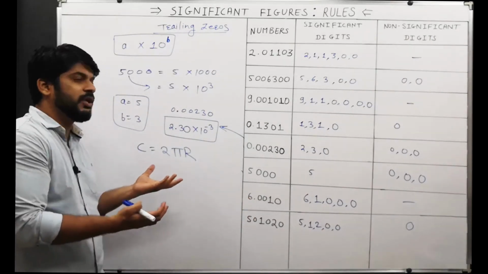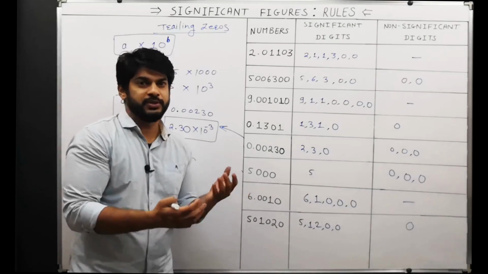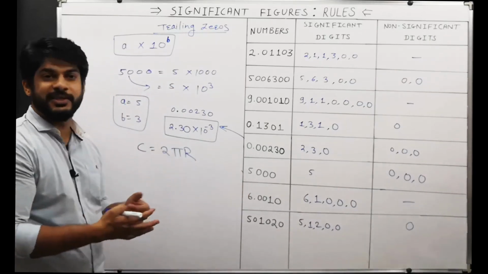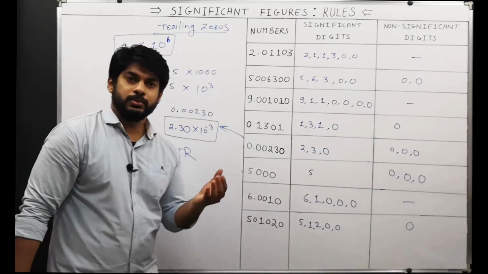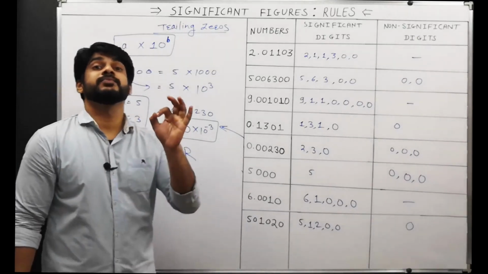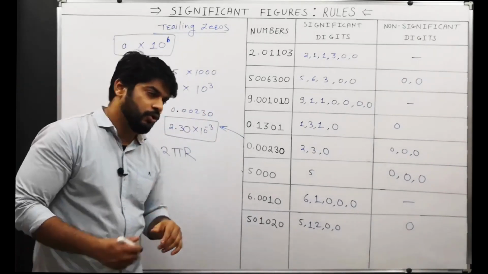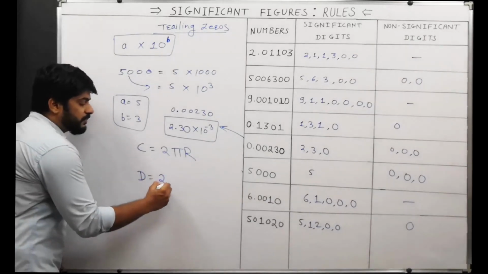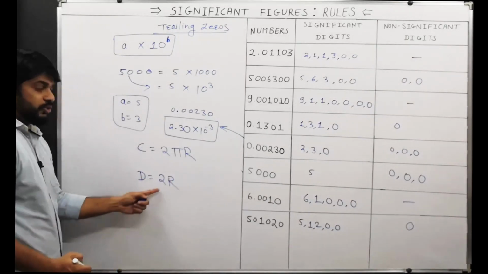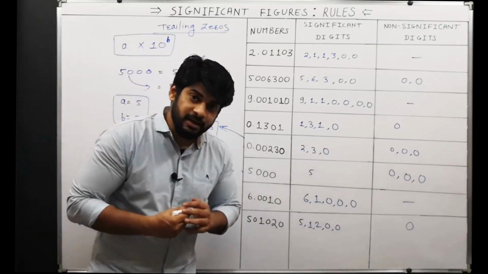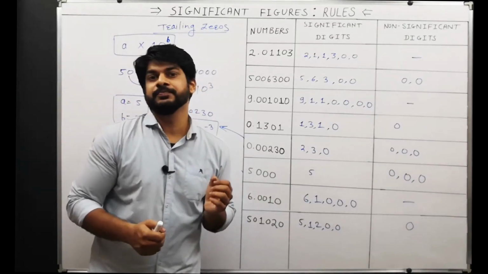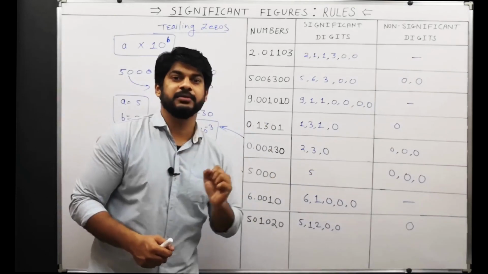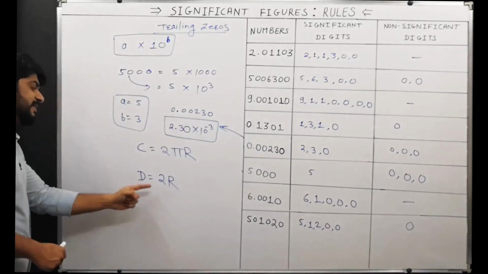It comes in the formula. Or take diameter: diameter is 2 times radius. So this 2 is an exact number because it is not a measured quantity and also not a rounded off number.